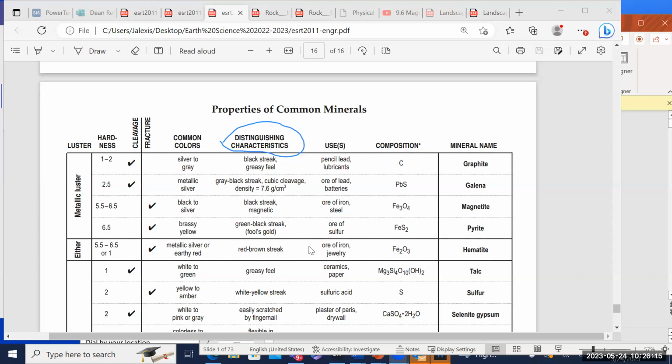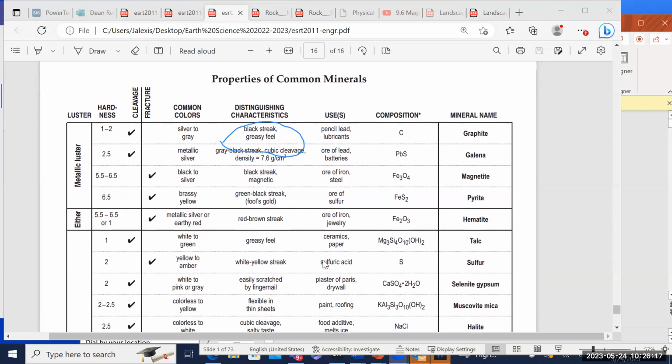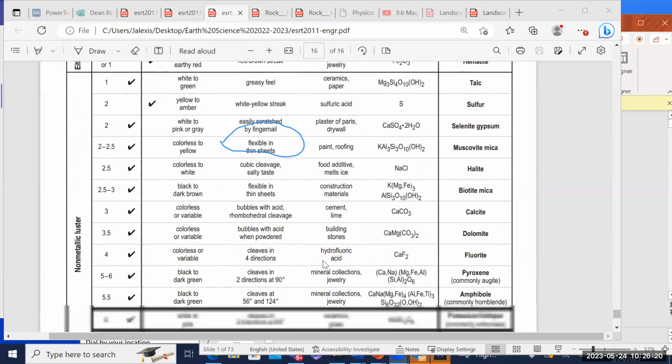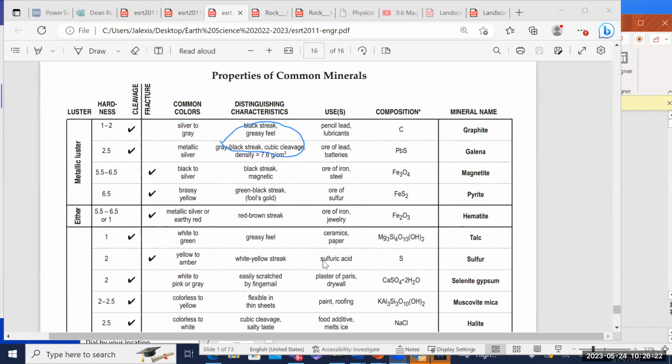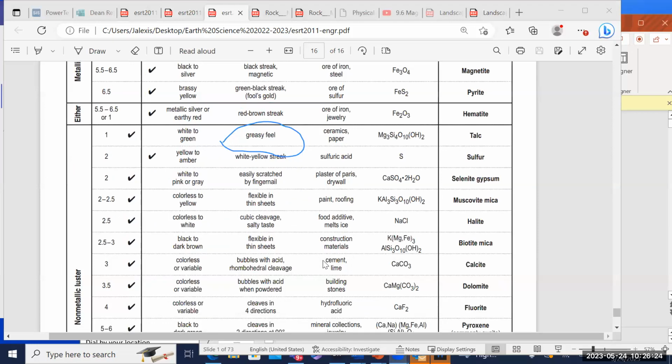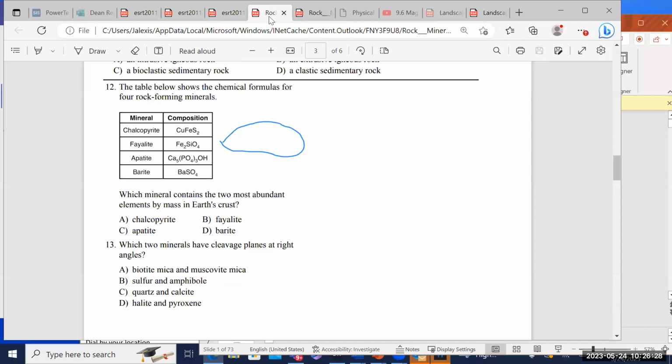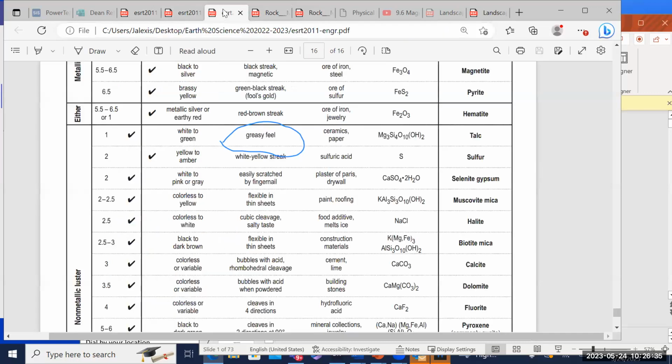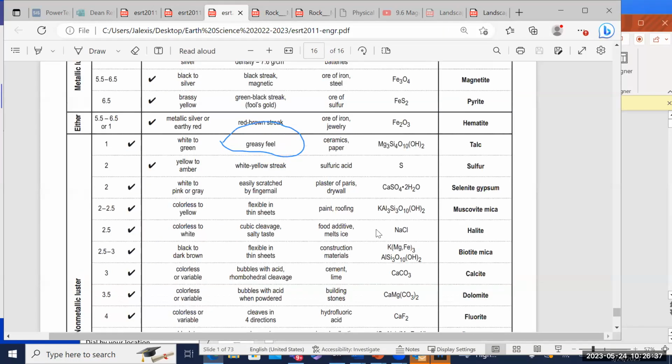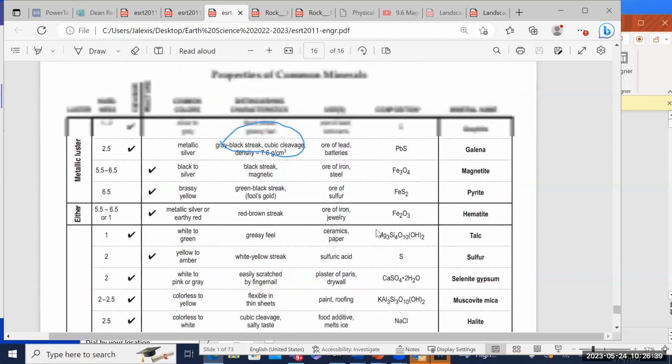So which two minerals have cleavage planes? Automatically, it has to be a mineral that actually has cleavage, right? Let's take a look at the first option, biotite mica and muscovite mica. Do they have cleavage? How can you tell?